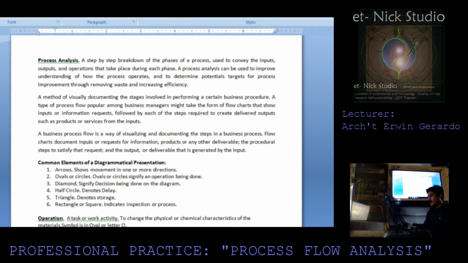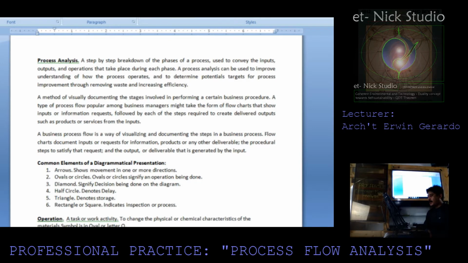A method of visually documenting the stages involved in performing a certain business procedure, a type of process flow popular among business managers might take the form of flow charts that show inputs or information requests, followed by each of the steps required to create delivered outputs, such as products or services from the inputs.